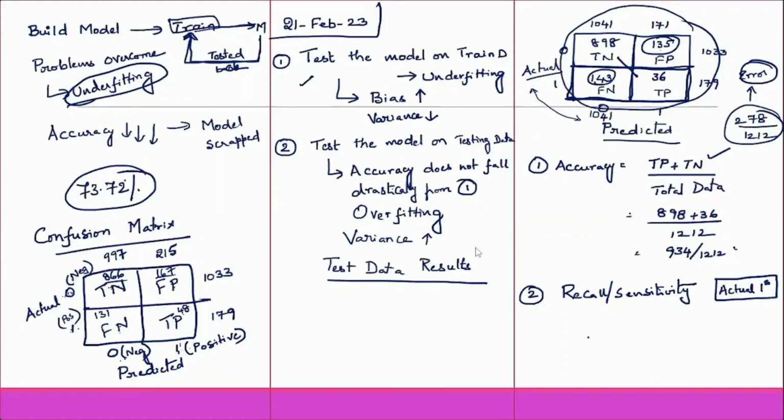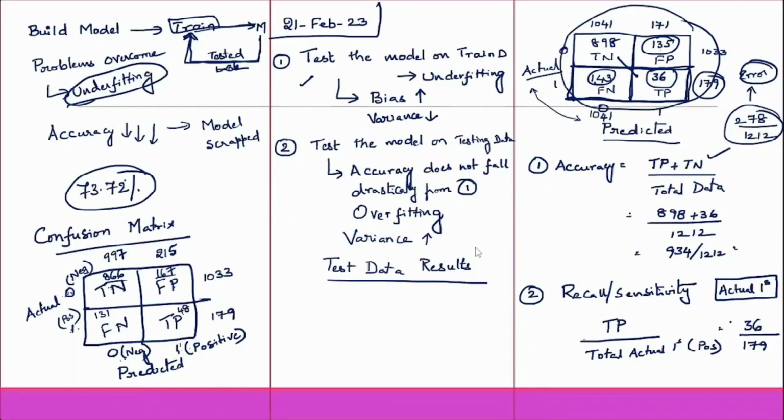So what we are saying is, out of the total number of actual ones, which are nothing but actual positives, how many of them have been predicted correctly? In our case, out of the 179 actual positives in the data, only 36 of them have been predicted correctly, and all the remaining have been predicted wrongly.